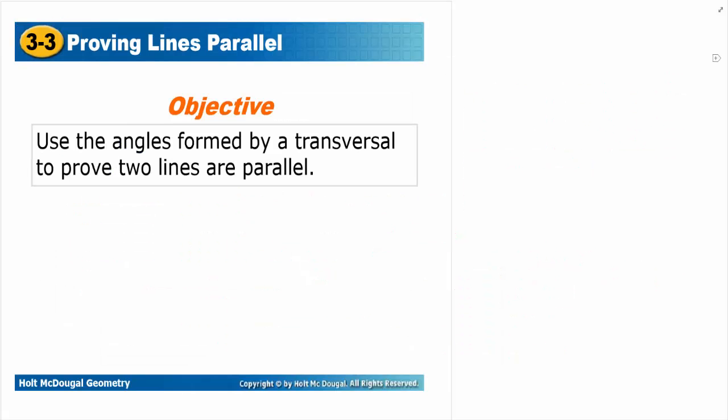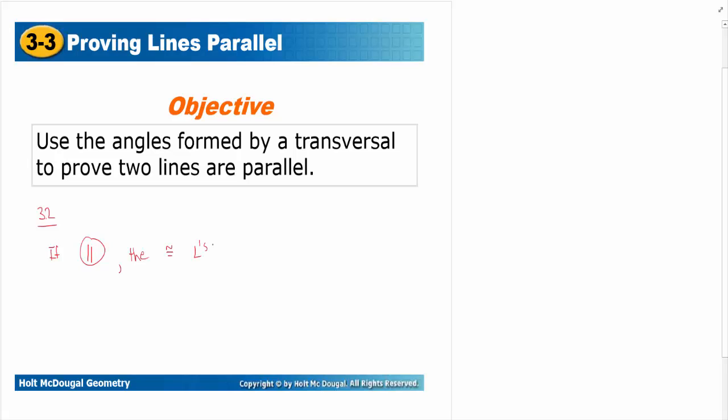So our goal today, our objective, we're going to use angles formed by a transversal, the ones that we learned about, all those postulates and theorems from 3.2. We're going to use those theorems, and we're going to actually use the converse of those theorems to prove lines parallel. If you remember in 3.2, we started with parallel lines, and then I had congruent angles.